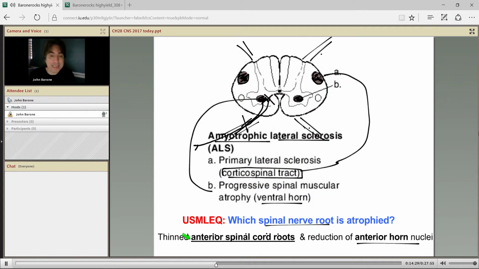Now, I got to take it to gunner level. Most cases are sporadic. We don't know why. But about 5 to 10% of Lou Gehrig's disease is genetic. 5 to 10% runs in families. And it's autosomal dominant. So you're going to give it to half your kids. So that's important.